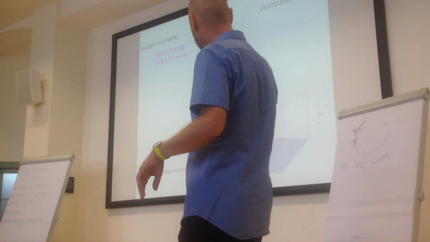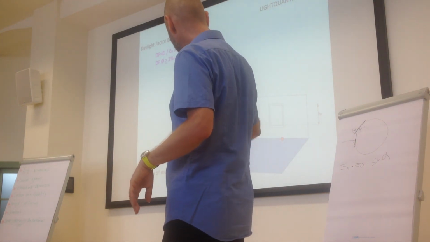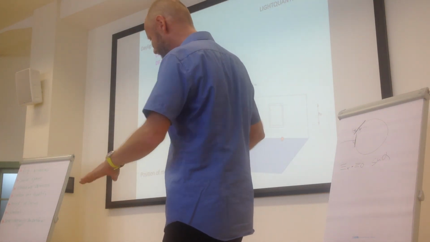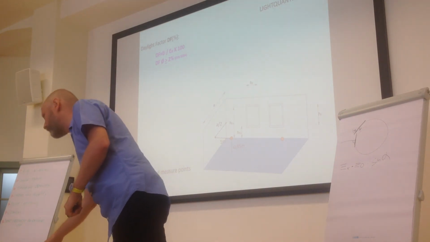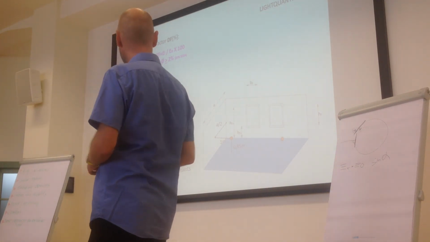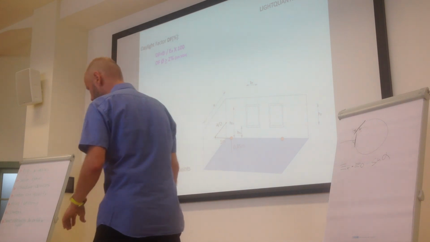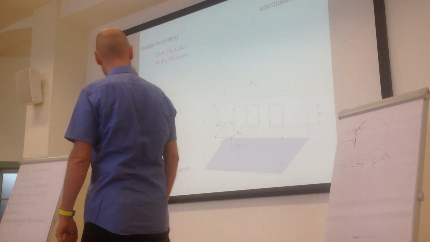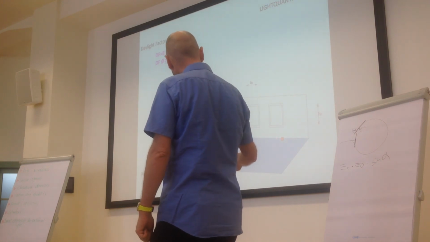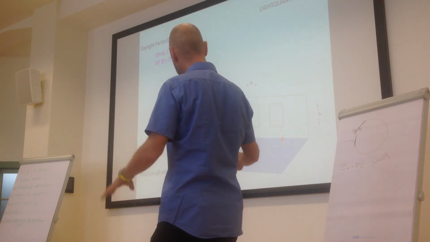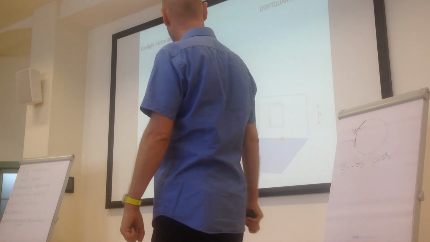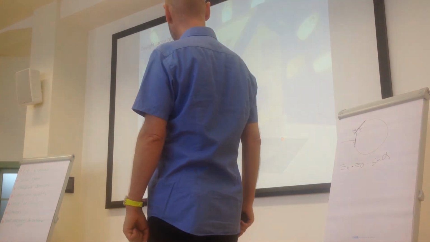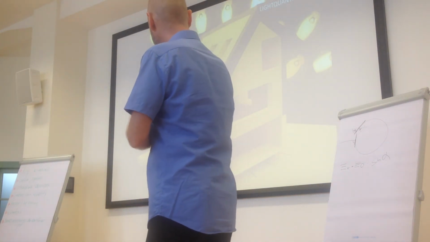It should be at half the depth of the room, at a level of about 85 centimeters above the floor. So let's say at the height of a working table, for instance. And if you take 2 measurements, you take the average of the 2 measurements and you get the daylight factor.